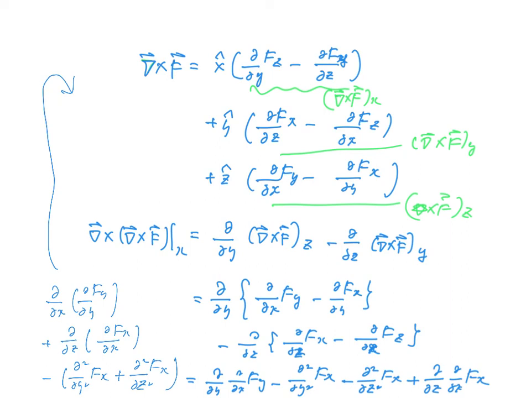X, Y, Z, Z, Y. So the z component must be x fy minus y fx. The y component must be z fx minus, what's wrong?